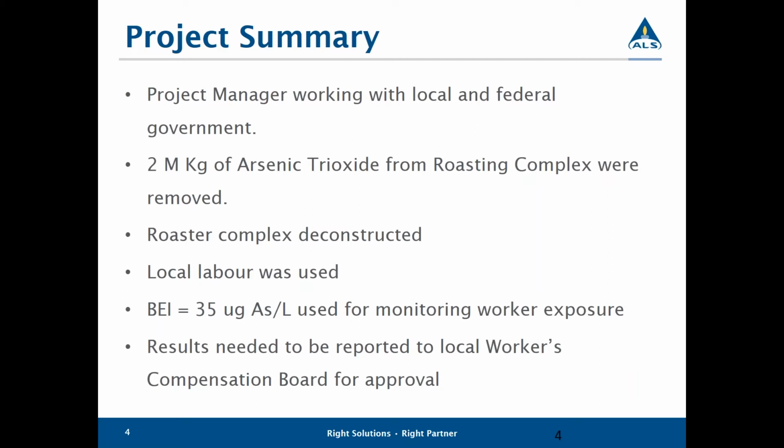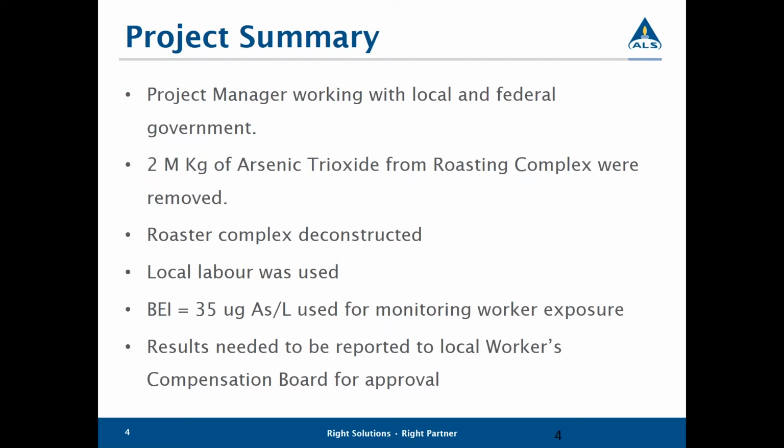So the project involved dealing with local and federal governments as they were going to decommission the roasting complex from the Giant Mine site. This was the area where a lot of the arsenic trioxide had been created.